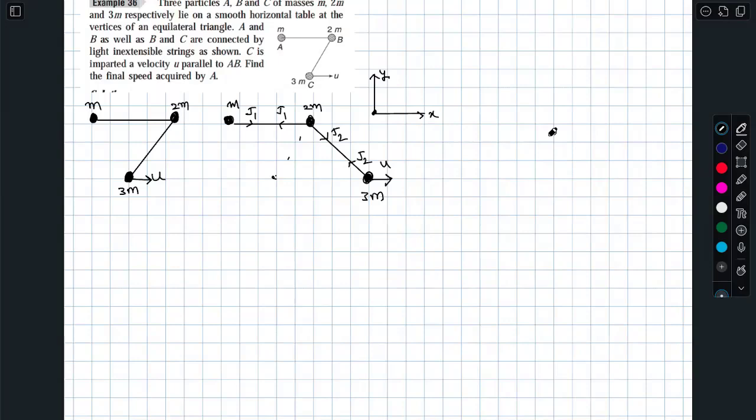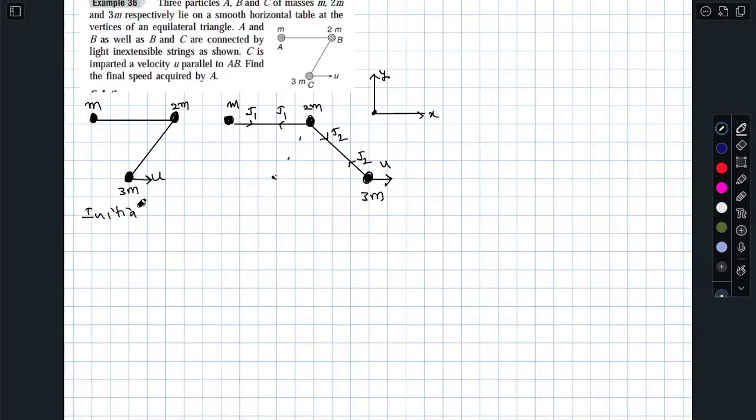Now let us study each individual case. You have the impulses given, with the x-axis and y-axis. You can see that. So what is the initial momentum in the y direction?